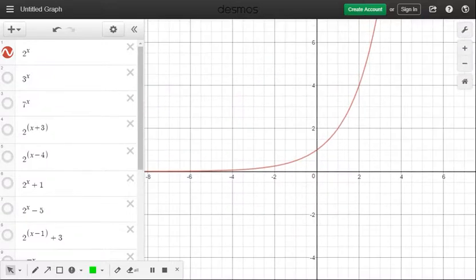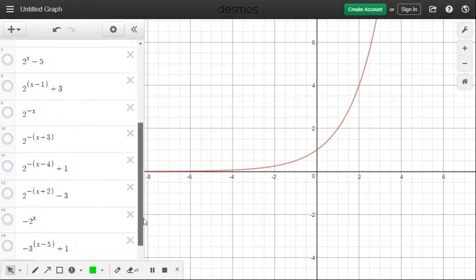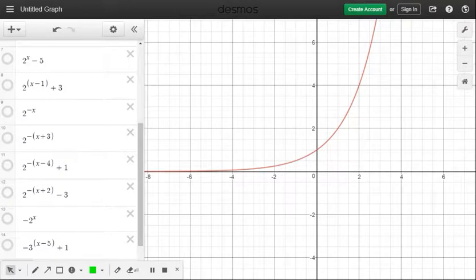So let's see what happens when there are two transformations, meaning there's a number with the x and then another number after the x outside the exponential function. So 2 to the power of x minus 1 and then plus 3. If it's with the x, that means it's either going left or right.